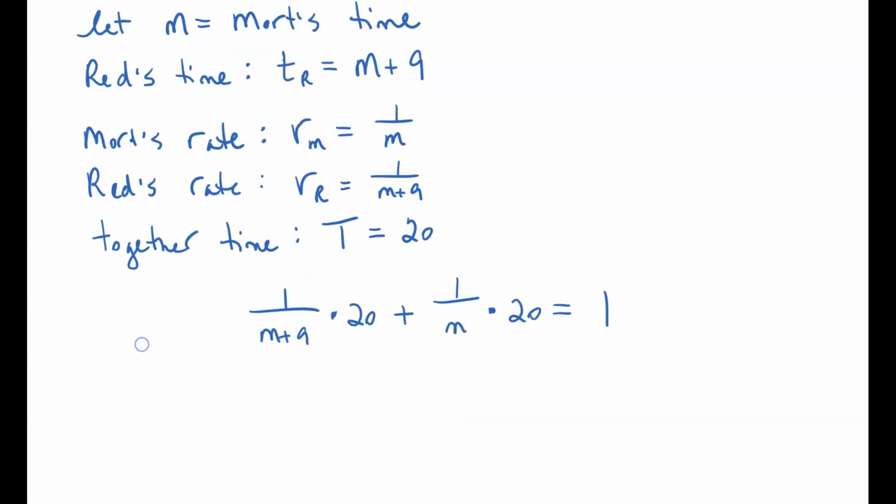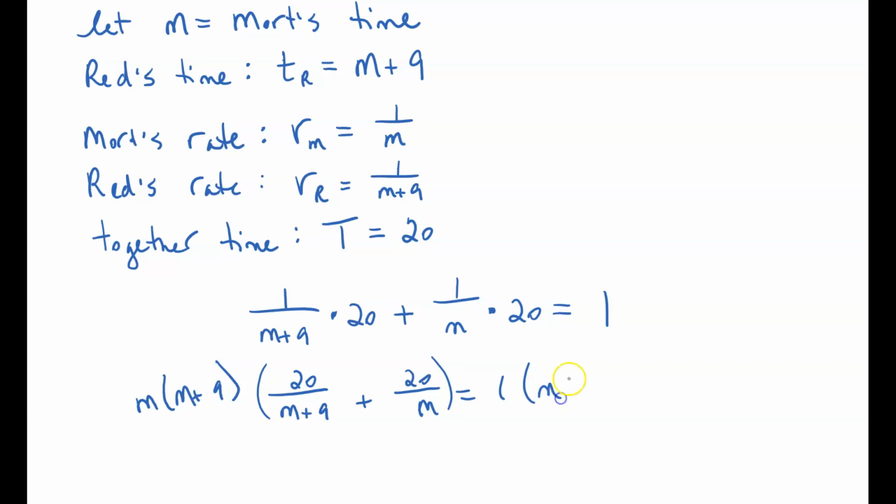All right. So combining these, we end up with 20 over m plus 9 plus 20 over m equal to 1. And again, we just have another rational equation like we learned before. What's our common denominator? Okay, m times m plus 9.